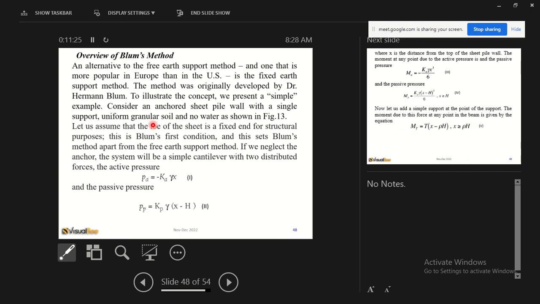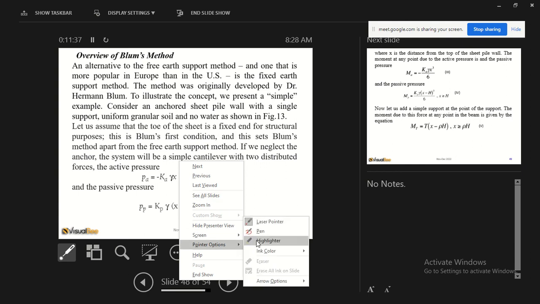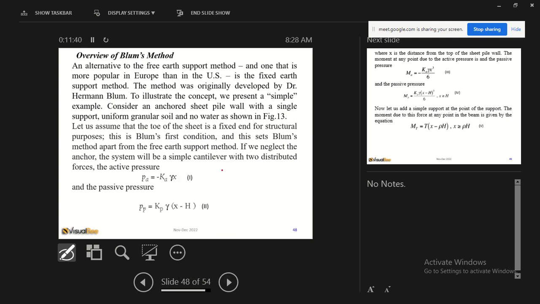In that case, the active force is Ka times gamma times x. We remember here we are using different notations, but this is nothing other than gamma h, because the force is Ka gamma h. That's all we're doing here.